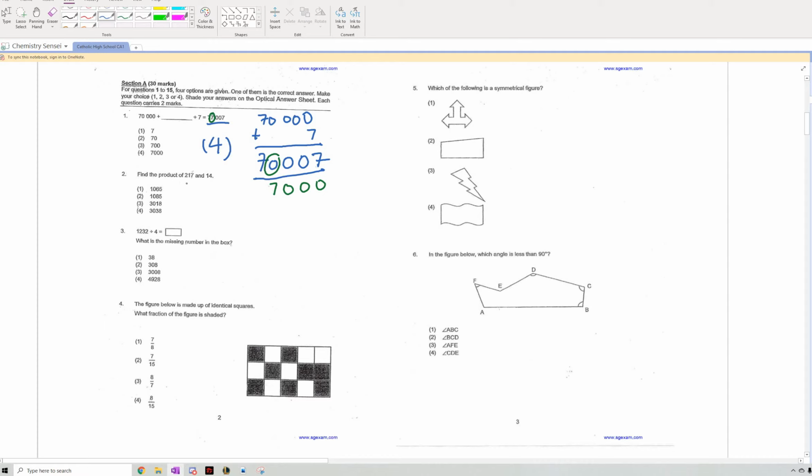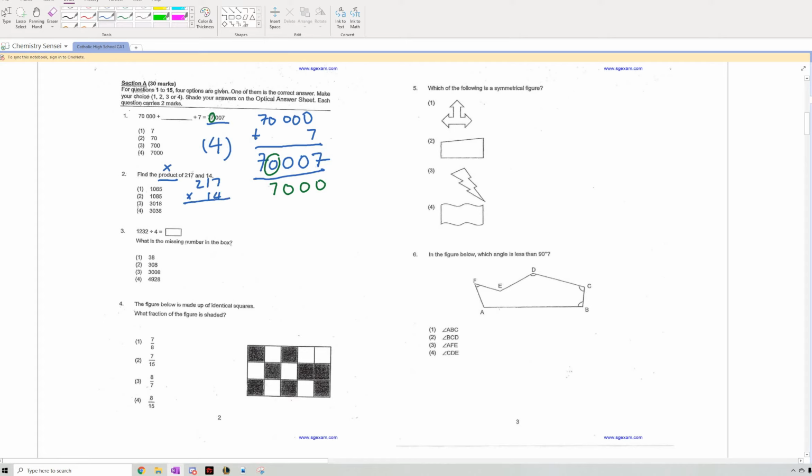Next, question 2. We have the product of 217 and 14. Product means that we should multiply. So we have 217 multiplied by 14. First, we should do multiplication for the ones place over here.